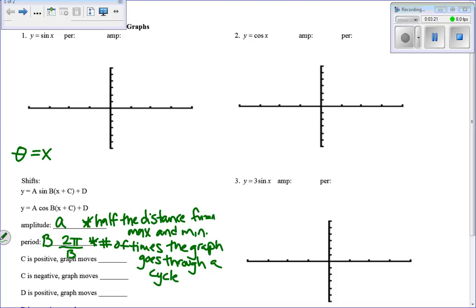So on our graphs, we label our x-axis based on our period. So if our period is 2 pi, we're going to start at 0, and then at the end is 2 pi. So it's going to complete an entire interval in that 2 pi. So you can label your sine graph and your cosine graph at 2 pi, and then it would be negative 2 pi here.